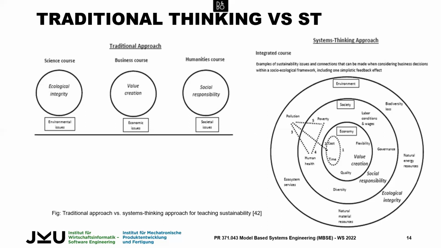In systems engineering, normally we are not using critical thinking. We'll see what the difference is. Systems thinking is like logical thinking, critical thinking, or like creativity or something like this.